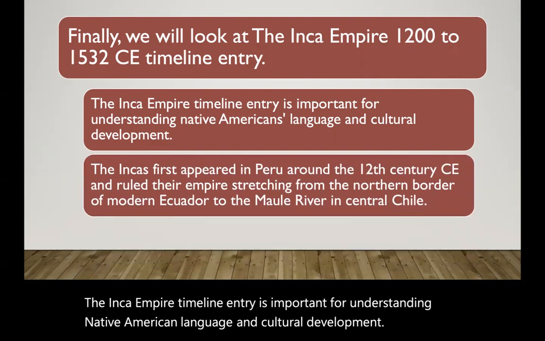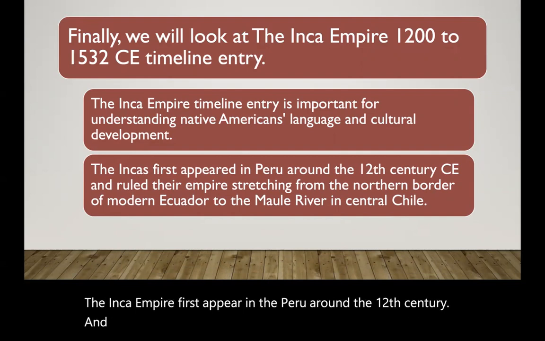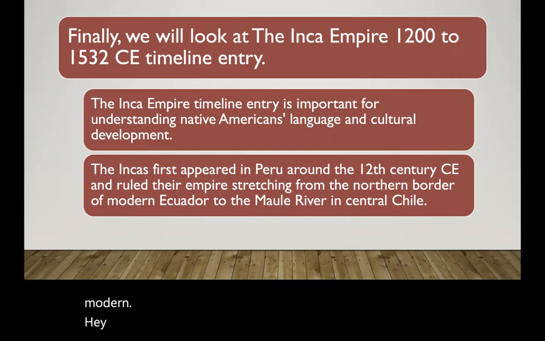The Inca Empire first appeared in Peru around the 12th century CE and ruled. Their empire stretches from the north border of modern Ecuador to the Maule River in central Chile.